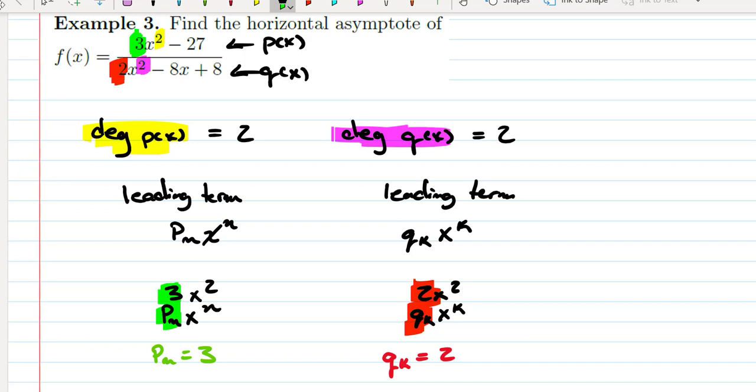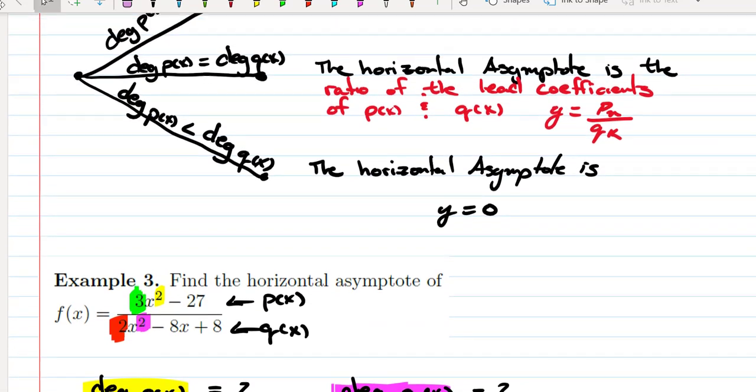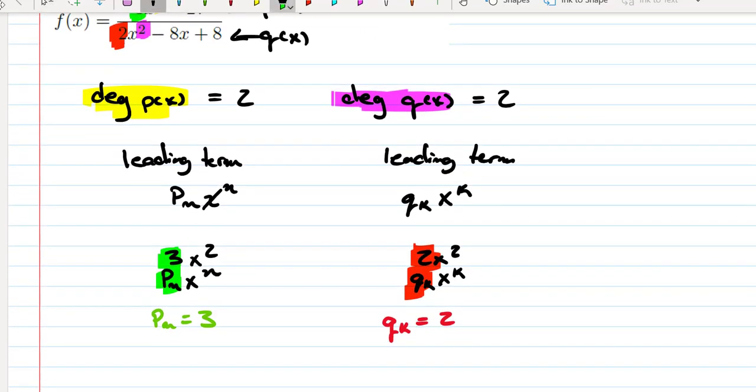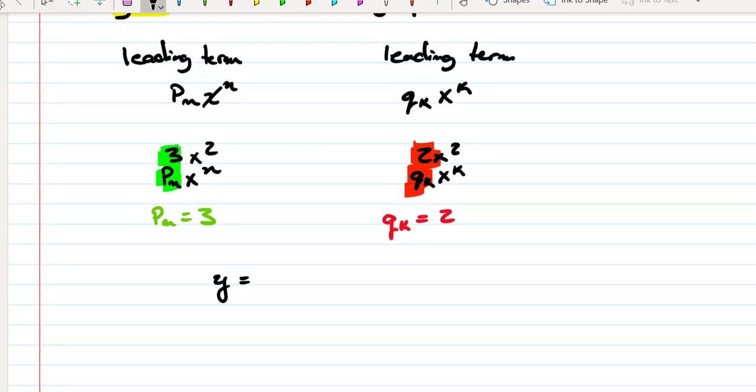Don't let the definition seem overly complicated. We're really just talking about the lead coefficients. And then the horizontal asymptote is the ratio, or the division, of those two things. So our horizontal asymptote is y equals P sub n over Q sub k, or simply put, y equals 3 over 2. So that would be our horizontal asymptote.